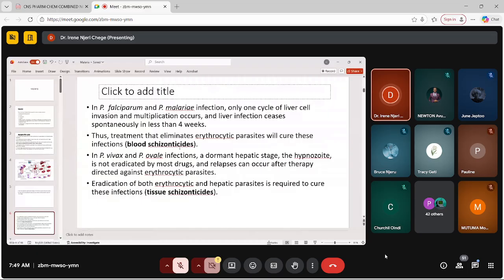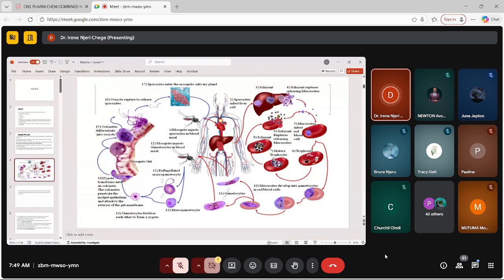The sporozoites can go into the liver, and then they stay there, become dormant, and can relapse. So again, just note we have the exoerythrocytic stage. Exo means outside the blood, and that is what we're calling the liver stage, forming the hypnozoites.